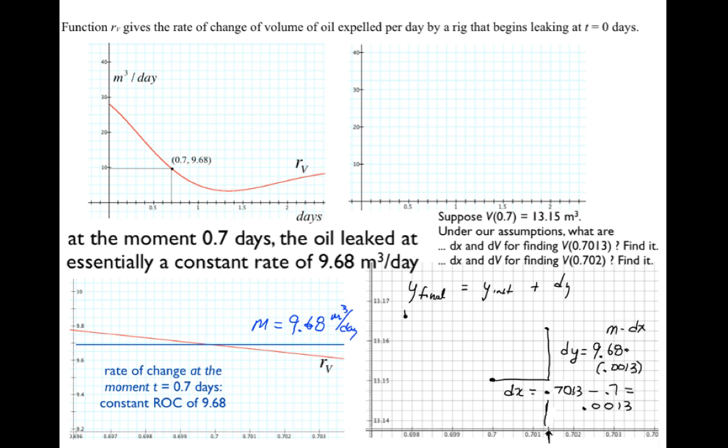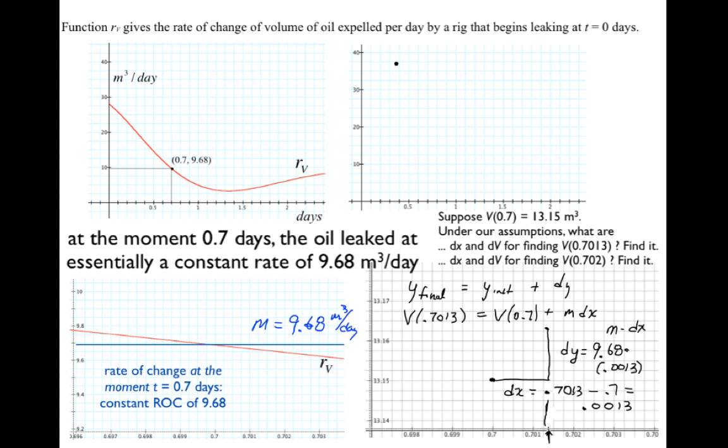And so V final is our V of 0.7013, and that equals, what's our V initial? That's our V of 0.7 plus our dy, which we got by m dx. So the amount of accumulated oil a little time later is the amount of accumulated oil to start with, plus how much that changed, m dx.